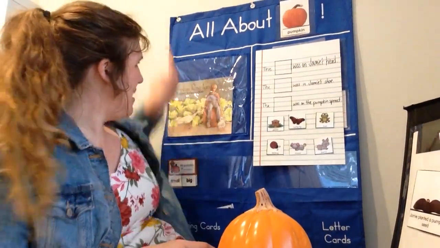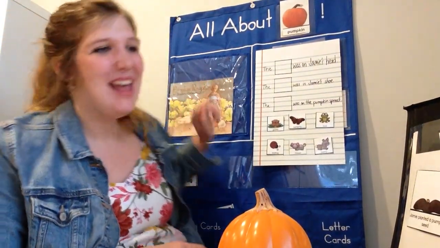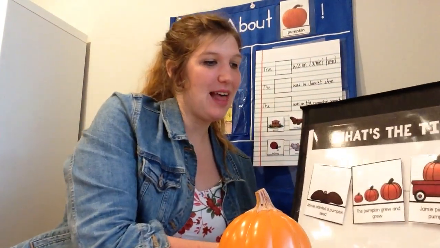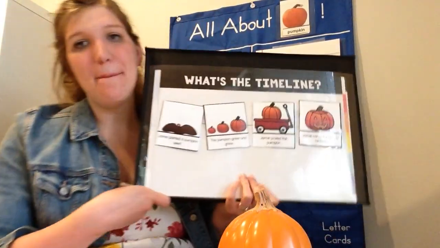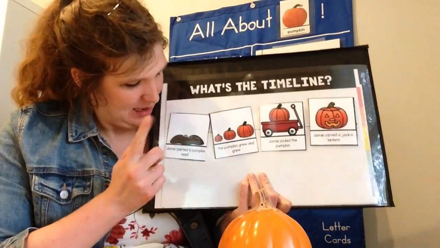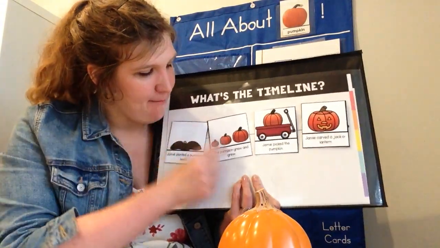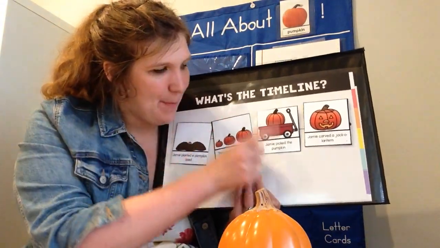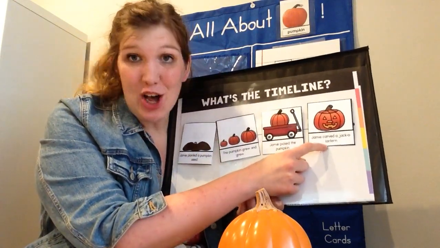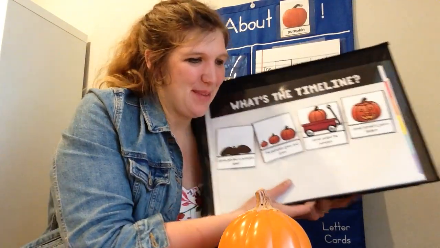Last time we read Pumpkin, Pumpkin, and we made a timeline about what the major events were in our story. Jamie planted the pumpkin seed, the pumpkin grew and grew, he picked the pumpkin, and then he carved a jack-o'-lantern from the pumpkin. Now, we also got to see in our story how step by step the pumpkin grew.